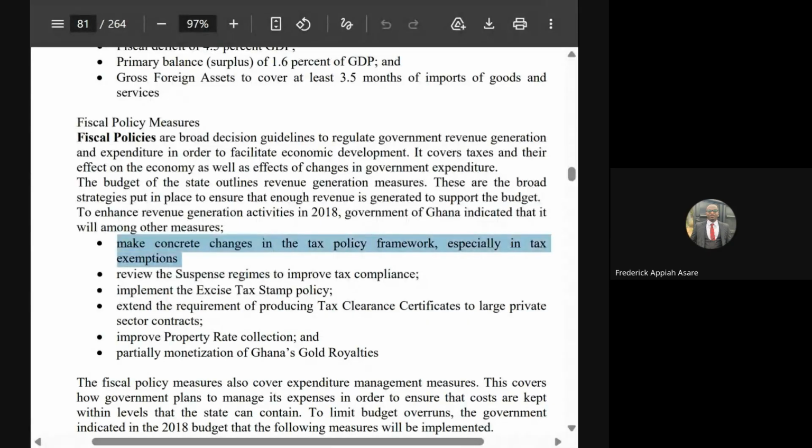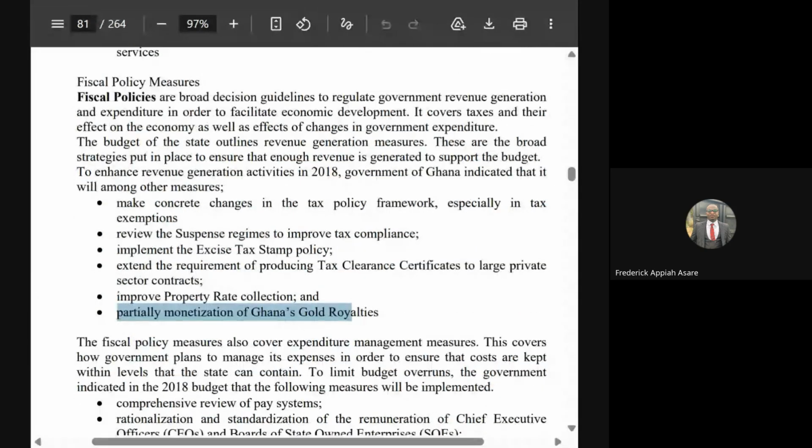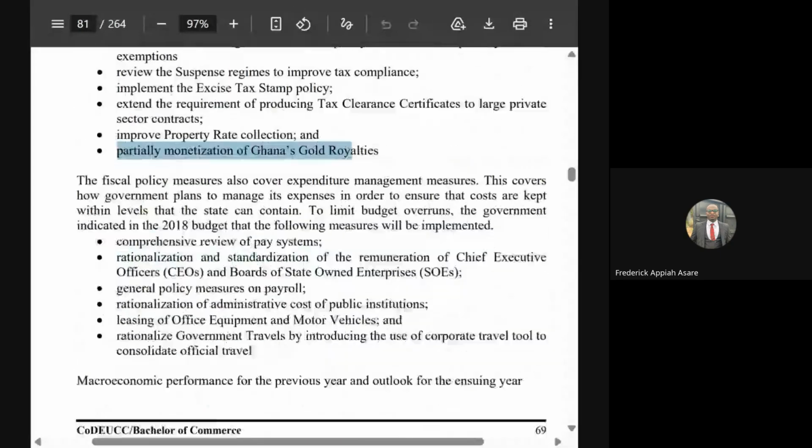That is revenue generation. They also talked about reviewing the suspense regime to improve tax compliance, extending the requirement for producing tax clearance, improving property rates collection, and partial monetization of Ghana's gold royalties. So these were some of the fiscal policies that they gave to us in the 2018 government budget.